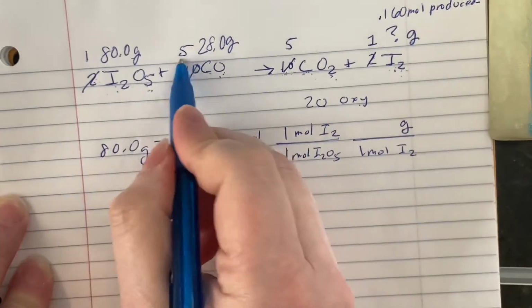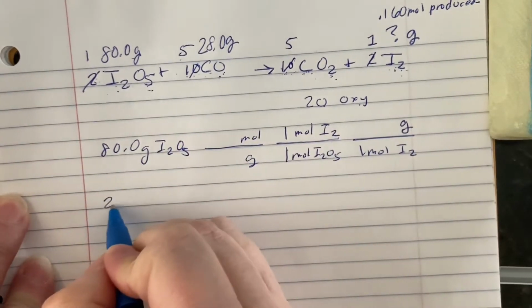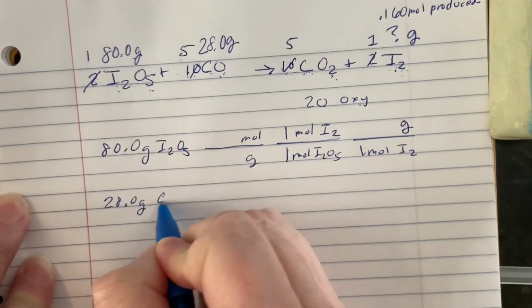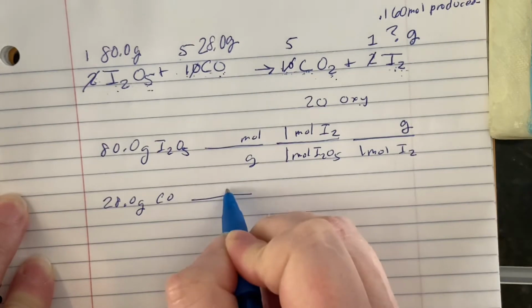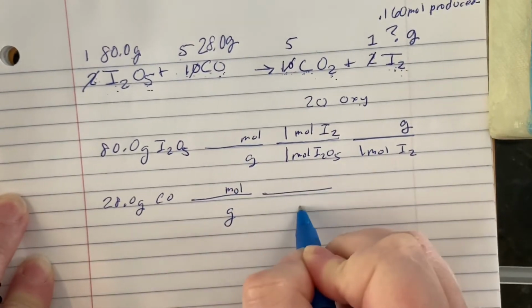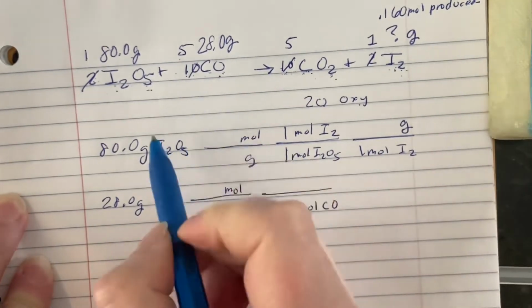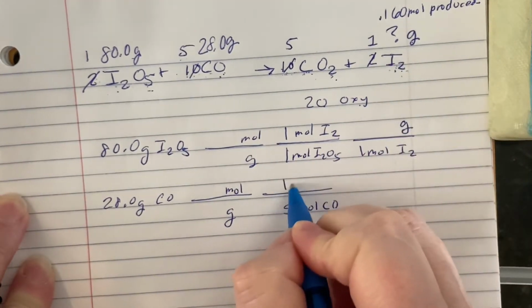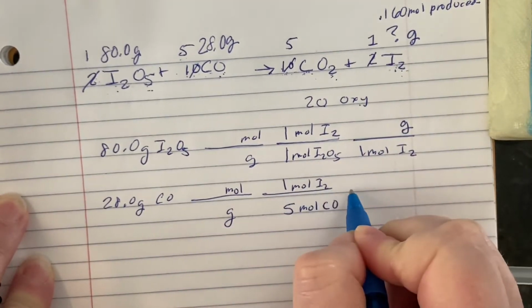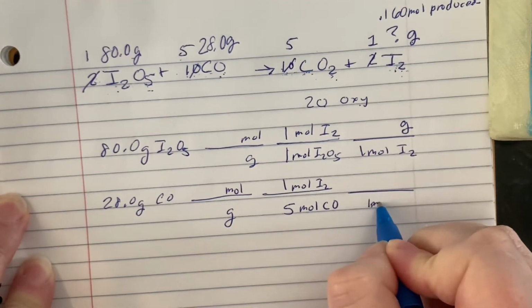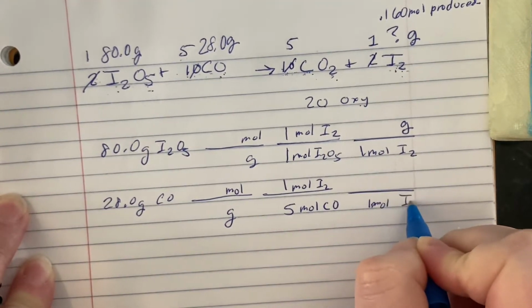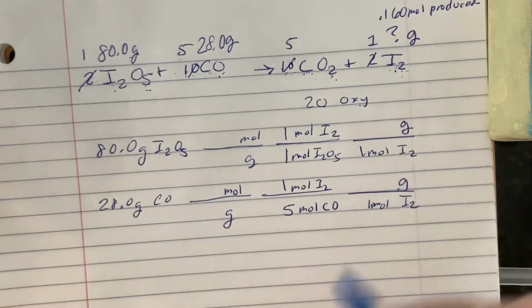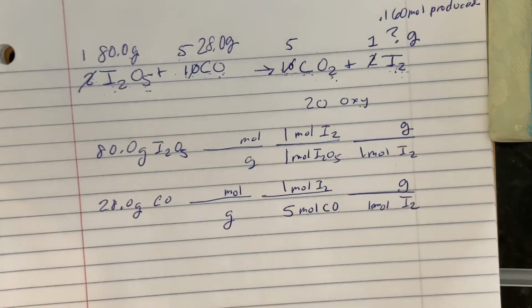My second equation takes my second reactant, 28.0 grams of carbon monoxide, grams to moles. I have 5 moles of carbon monoxide for every 1 mole of I2. And now I have 1 mole I2 to grams. So again, you're going to see lots of those similar things.